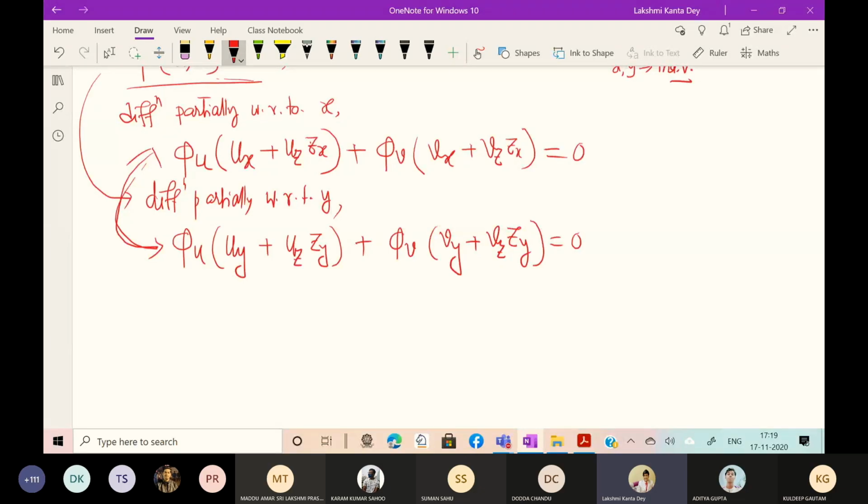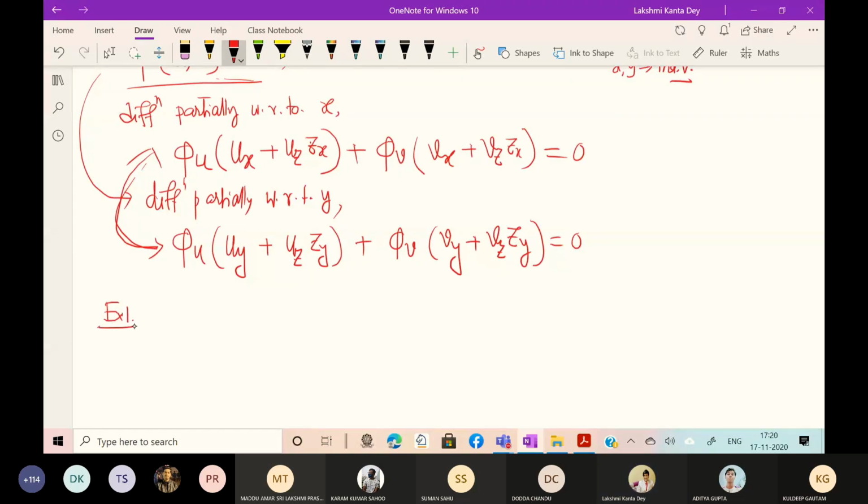Let us start with one example so that it will be very clear to everybody, and then come back to the case when more than one arbitrary function is there, and how we can form a partial differential equation from that. That is the next target. Initially, one arbitrary function phi, connected by two variables u and v, where u and v are functions of x, y, z, and z is a function of x and y.